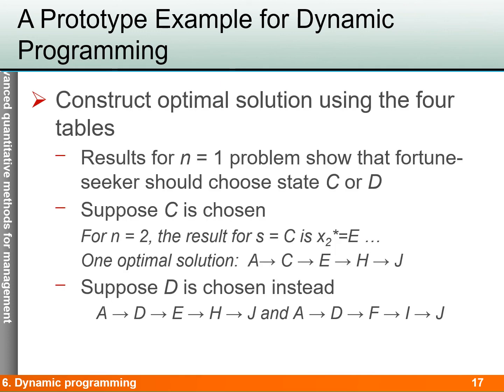In this slide, we have the same explanations of the previous part. We start with n equal to 1, as you see, as I explained before, C or D. In case of selecting C, we should follow with E. In case of selecting D, we should follow in two different lines, E or F. As you see here, these solutions are the optimal solutions with the cost of 11.